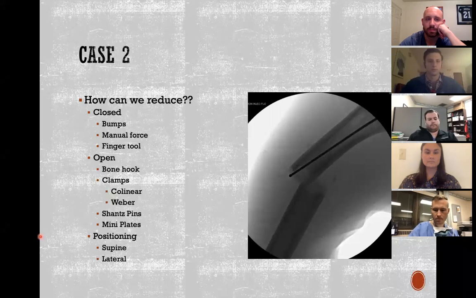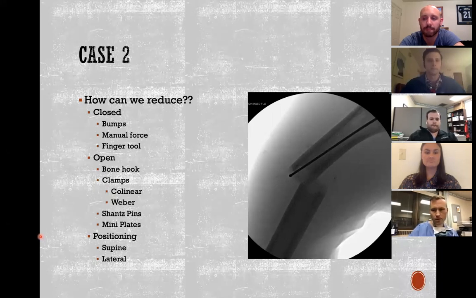Some surgeons prefer a lateral approach that can help aid in getting your starting point, particularly for a piriformis nail, because it will force the leg into adduction that will help you get immediately around the greater trochanter for something like a piriformis start point.